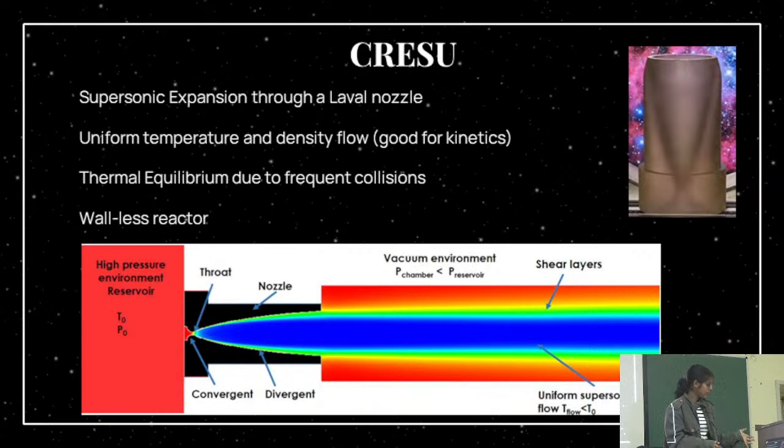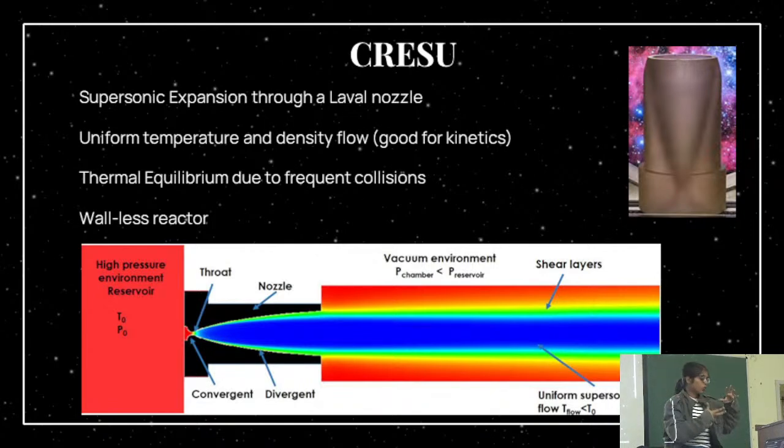So you do a supersonic expansion, but not through a hole or by just expanding into another chamber. You do it through a specific kind of nozzle, a convergent-divergent nozzle. It converges first and diverges then. That's called a Laval nozzle.